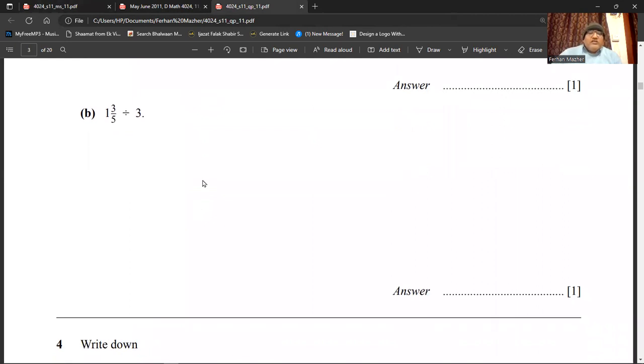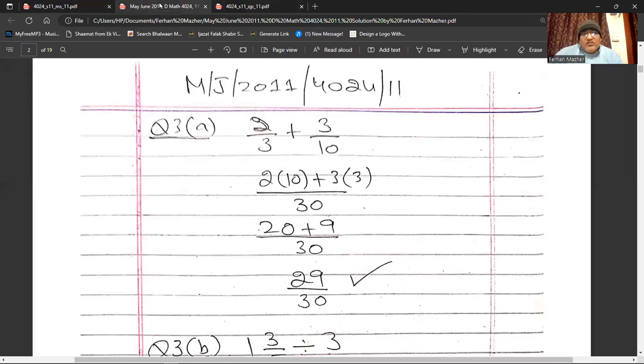Now question number 3, it's B part. 1 whole 3 by 5 divide 3. So 5 into 1 is 5, 5 plus 3 is 8. So 8 by 5 divided by 3.